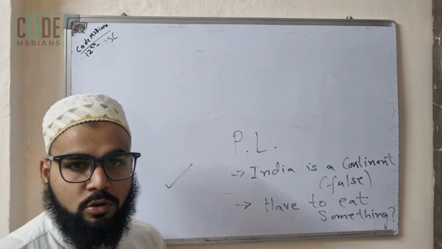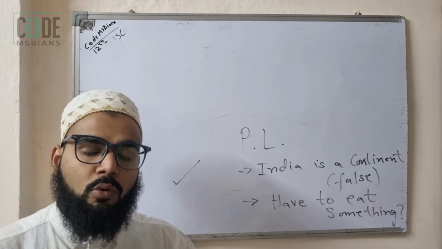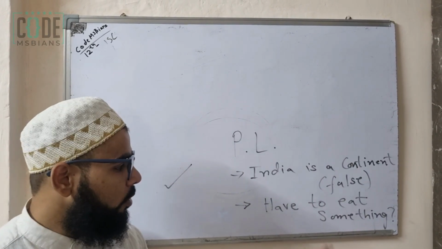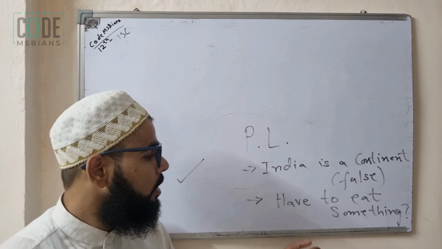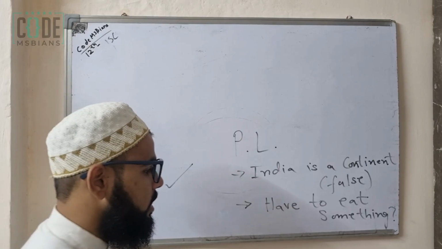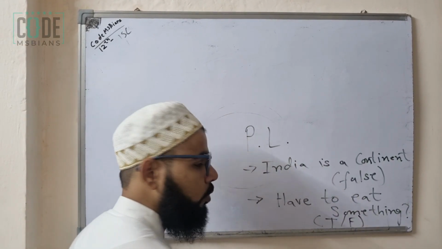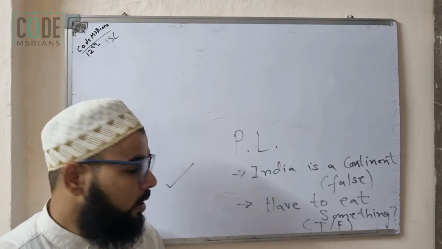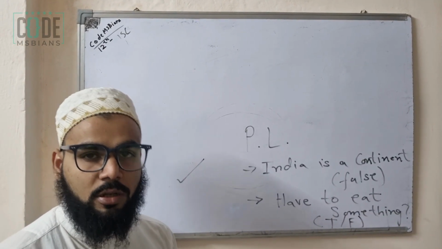It depends on the person. The answer can be true and the answer can also be false, because that person may have eaten something or may not have. When a statement could give both true and false answers, such statements don't fall under the category of propositional logic.